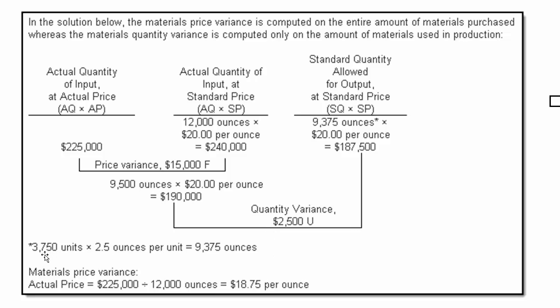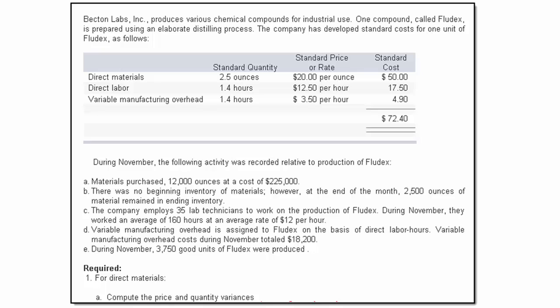Now, we already know that standard was 3,750 good units times 2.5 ounces. So the standard called for 9,375. But what was actually used? We flip back here and we say we purchased 12,000, there was no beginning, but 2,500 remained in ending inventory.